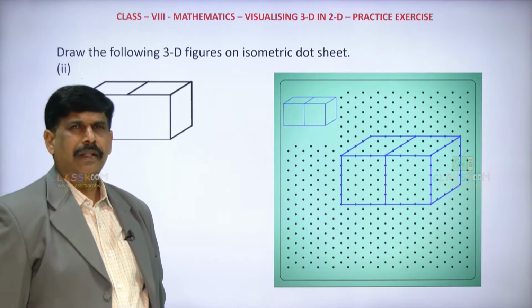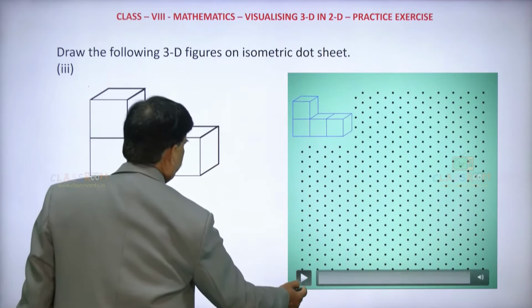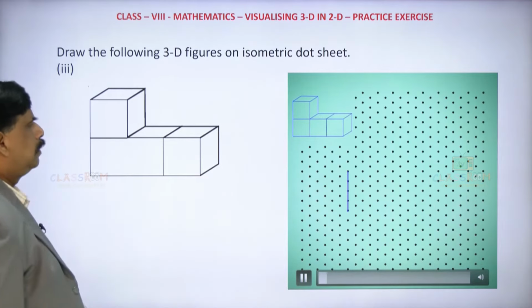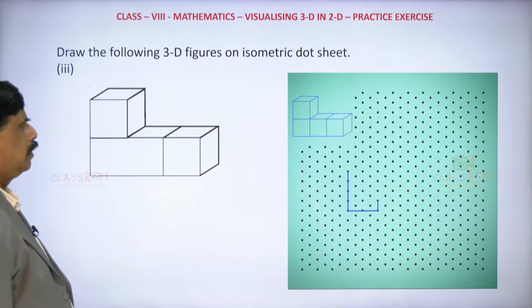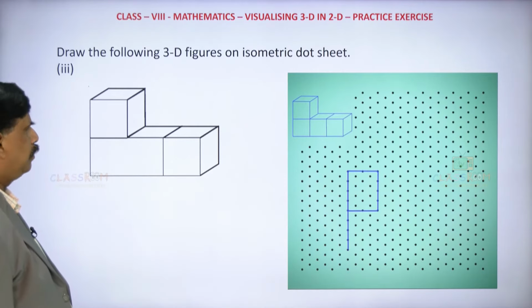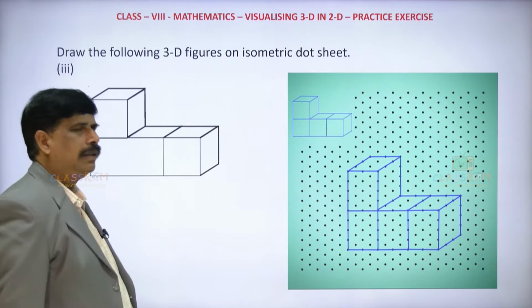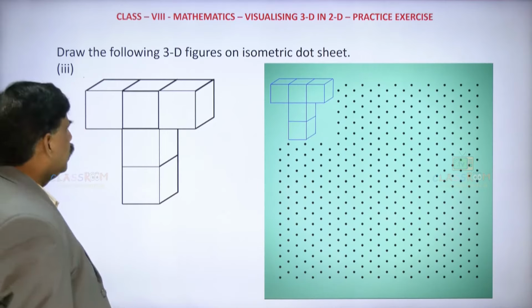Clear? See the next one now. First draw vertical, parallel line, join them. Yes, this is the figure. It's clear? See the next one now.